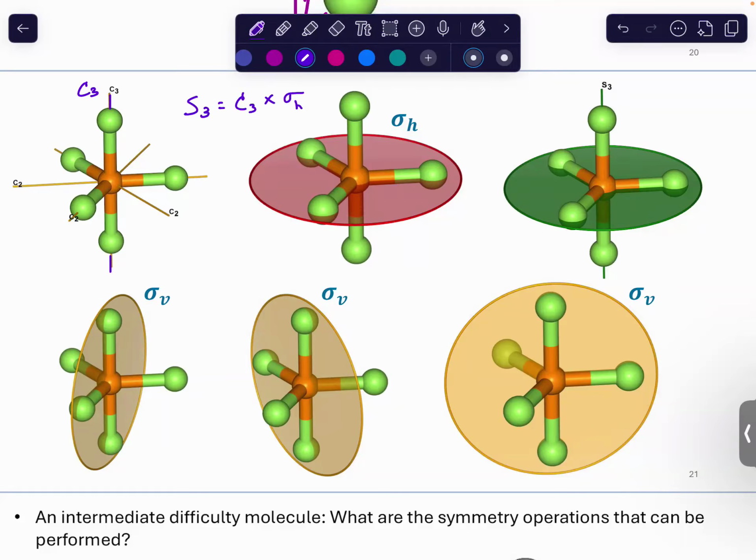Right now, just think of it as a multiplication. Let's say you take more of this molecular group theory in graduate school, you're going to get to matrix products. So inner products, outer products, stuff like that. So right now we're just thinking of it as a combination of the C3 and the sigma H symmetry elements.